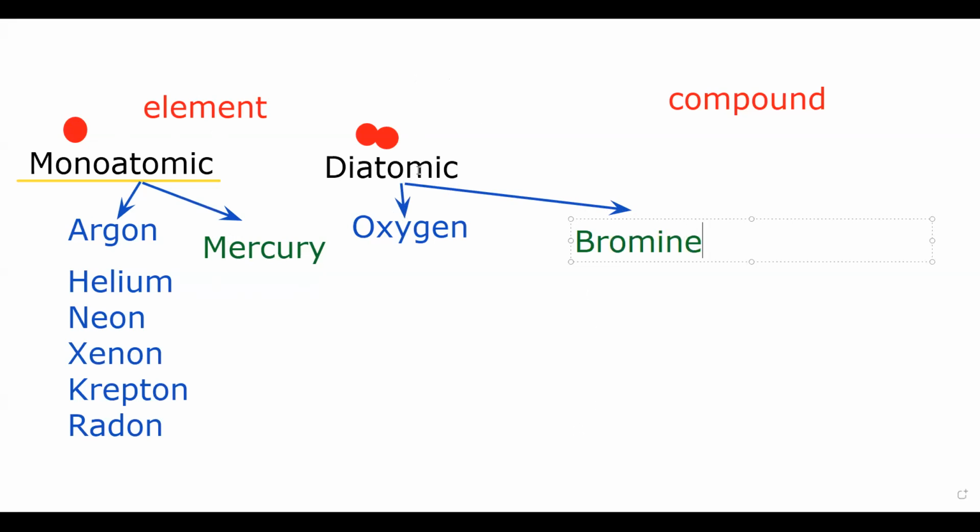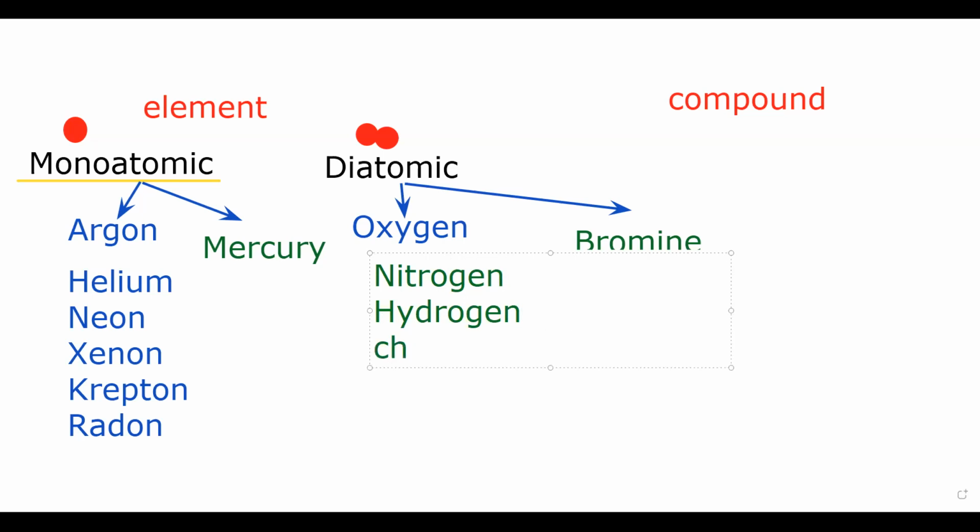The bromine is a diatomic element. And the active gases like what? Like oxygen, like nitrogen. Like what else? Hydrogen. Like chlorine.